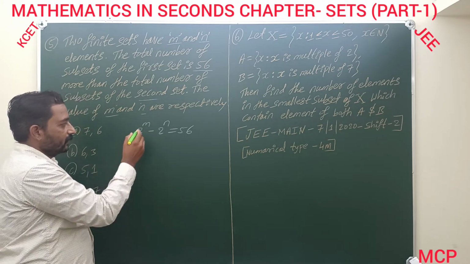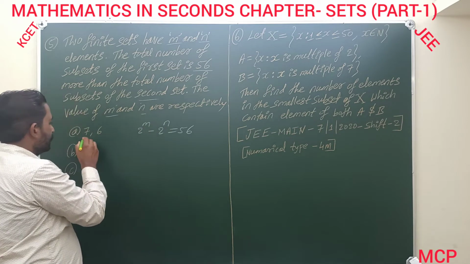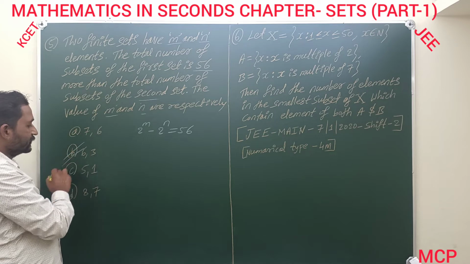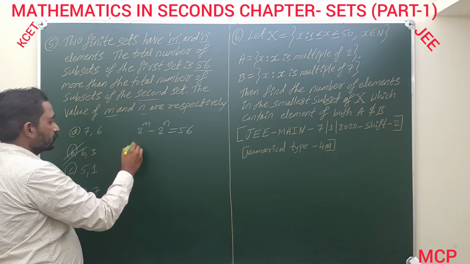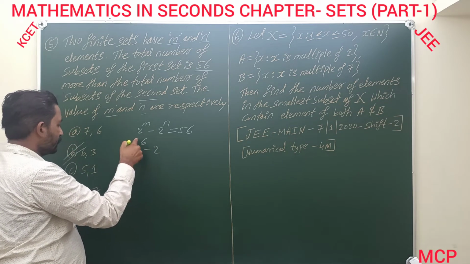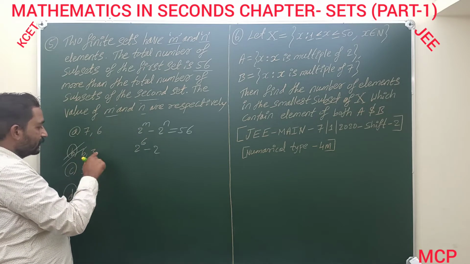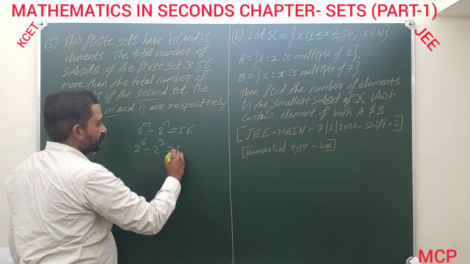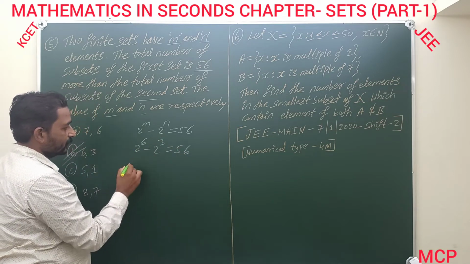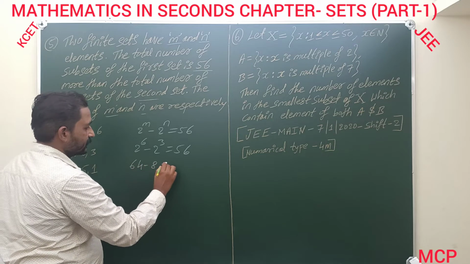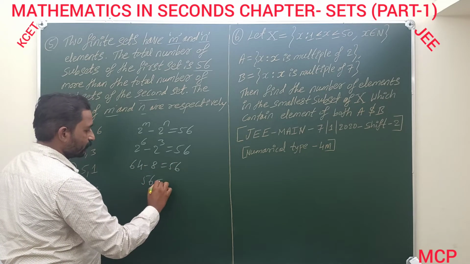Here m and n are either 7 and 6, or 6 and 3, or 5 and 1, or 8 and 7. Option B is correct by the inspection method. Here m is 6, so 2 power 6, and n is 3, so 2 power 3. 2 power 6 is 64, and 64 minus 8 is equal to 56. 56 is equal to 56.